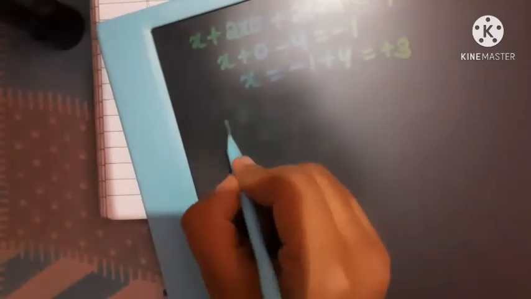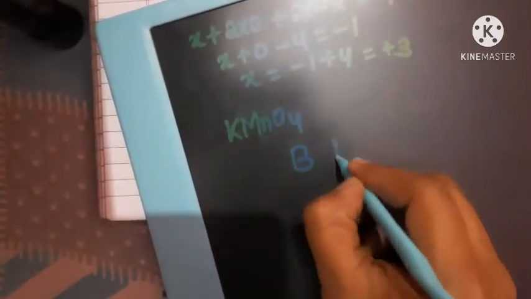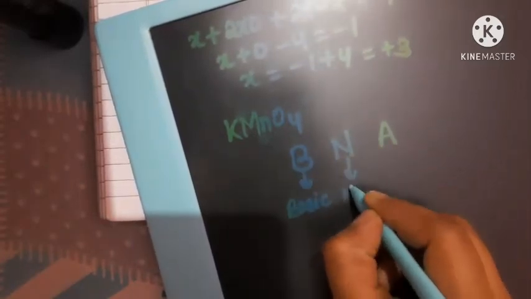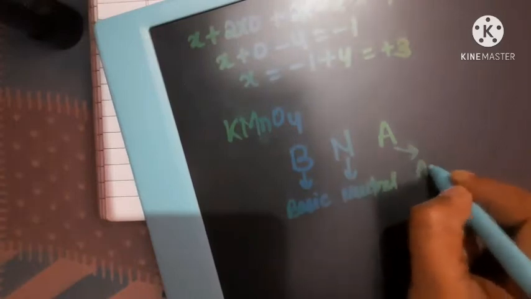For KMnO4, I have a trick which my teacher taught me in class. You can learn it by BNA. B for basic medium, N for neutral and A for acidic medium.